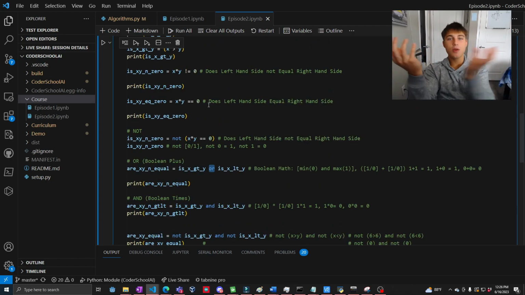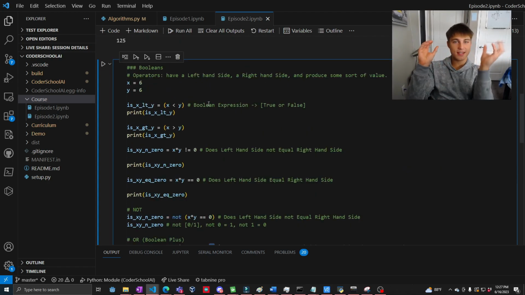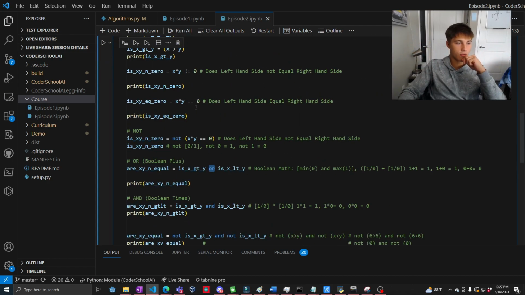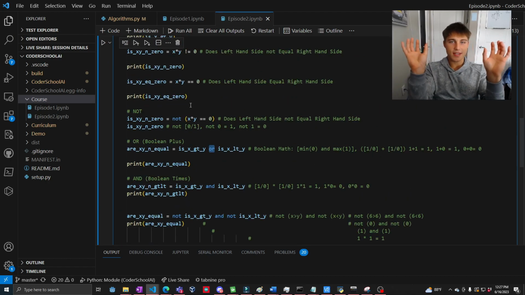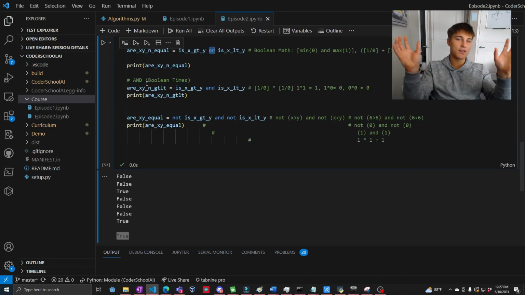Is this thing equal to this thing over here? Is this thing less than this thing over here? And are these two things not equal, right? If this is 6 and this is 5, is 6 not equal to 5? Yes. Is 6 not equal to 6? No. And you could kind of join these together to come up with a whole lot of different things.